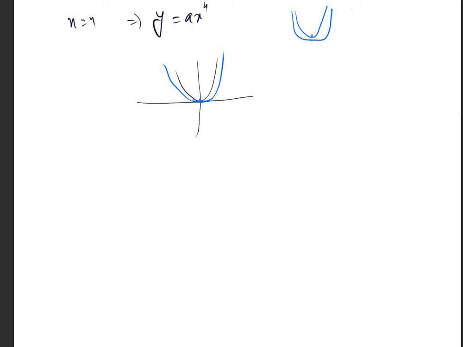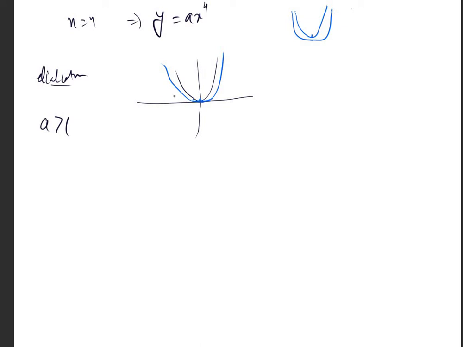Now, if you start increasing the value of a here, which across what we've learned is called the dilation factor, it is dilating, right? That means it's making the graph broader or narrower from the y-axis. So if the dilation factor a is greater than 1, you know what's going to happen?